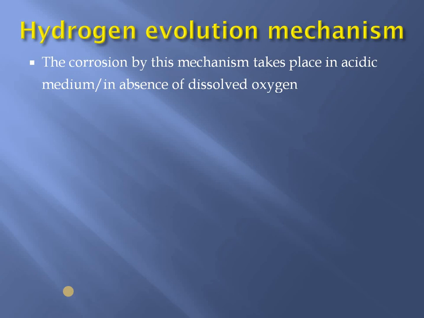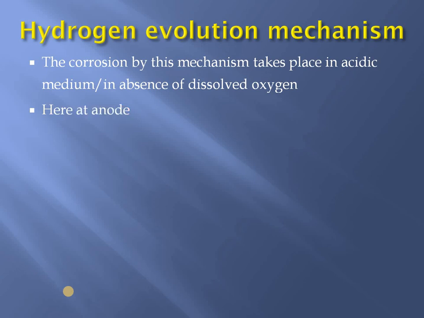Also, the electrolytic solution should not contain dissolved oxygen in order to have hydrogen evolution mechanism, and it has been observed that all the metals which are placed higher than hydrogen in the galvanic series have the ability to undergo corrosion by hydrogen evolution mechanism.